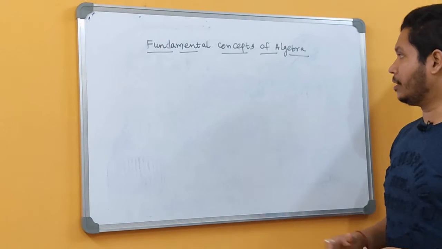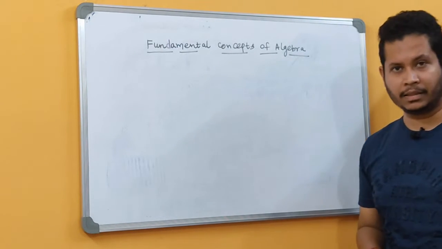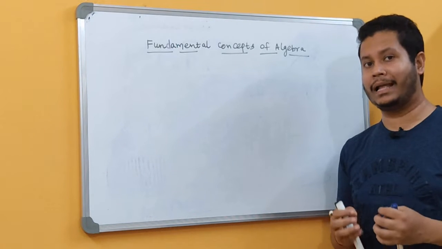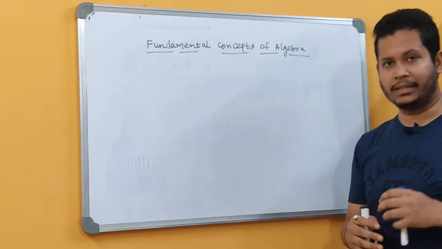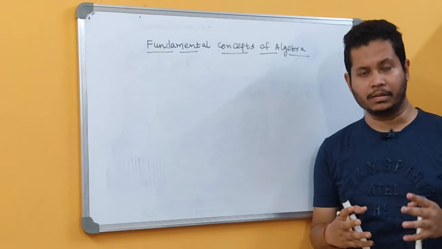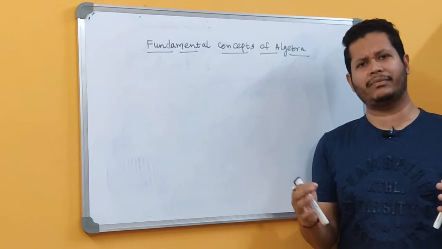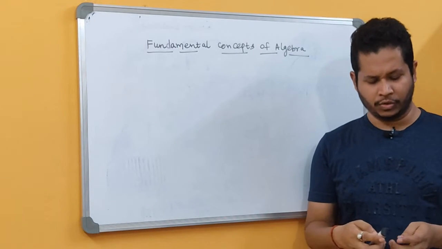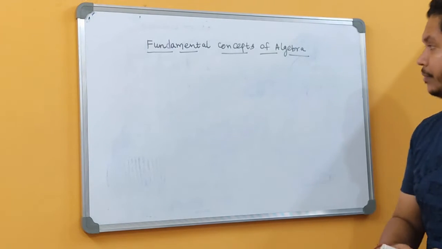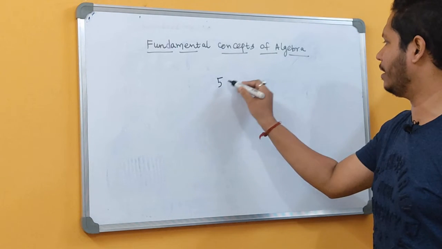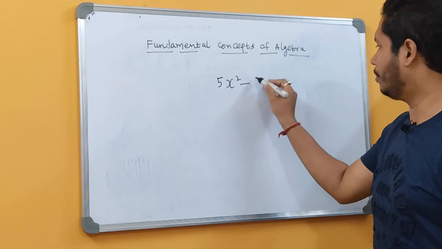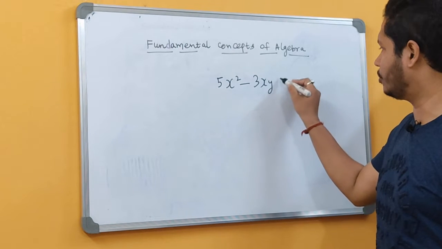Now whenever we are talking about fundamental concepts of algebra, we first have to know what an algebraic expression is. Expression basically means a combination of variables, numbers, constants and fundamental operators. Let me give you an example first. Say 5x square minus 3xy plus 2.